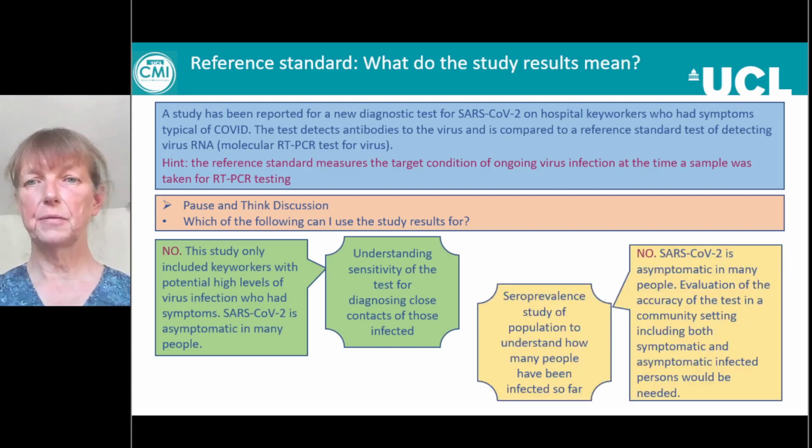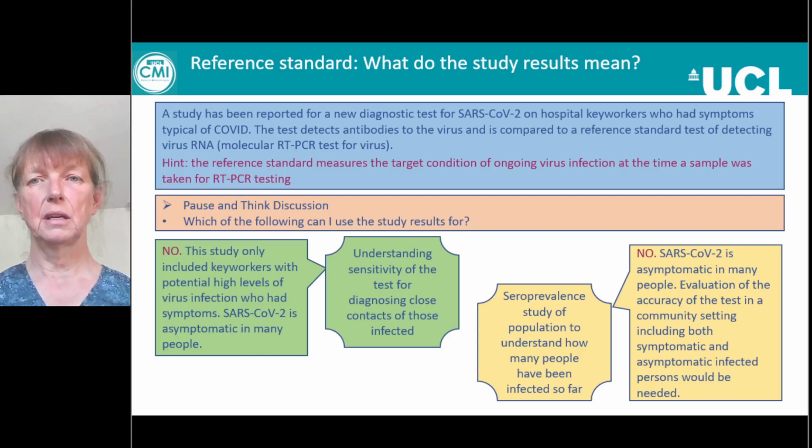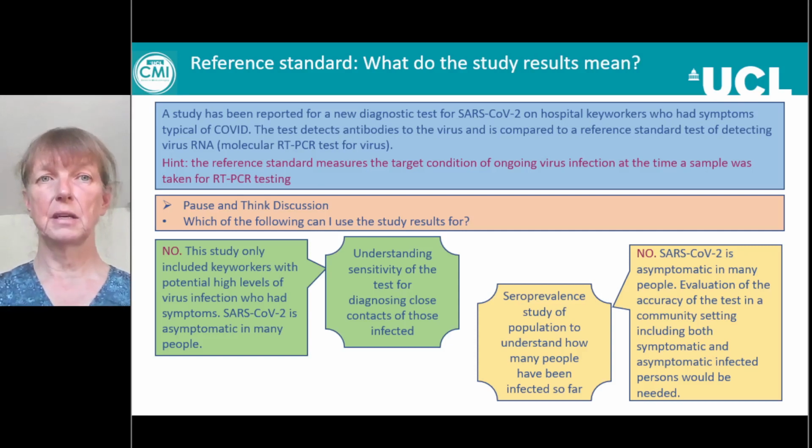Can it be used for a seroprevalence study of the population to understand how many people have been infected so far? Okay, so for this to be true, the reference standard would have to be telling us everyone who'd been infected so far. Does a PCR test tell us everyone who has been infected at some point?